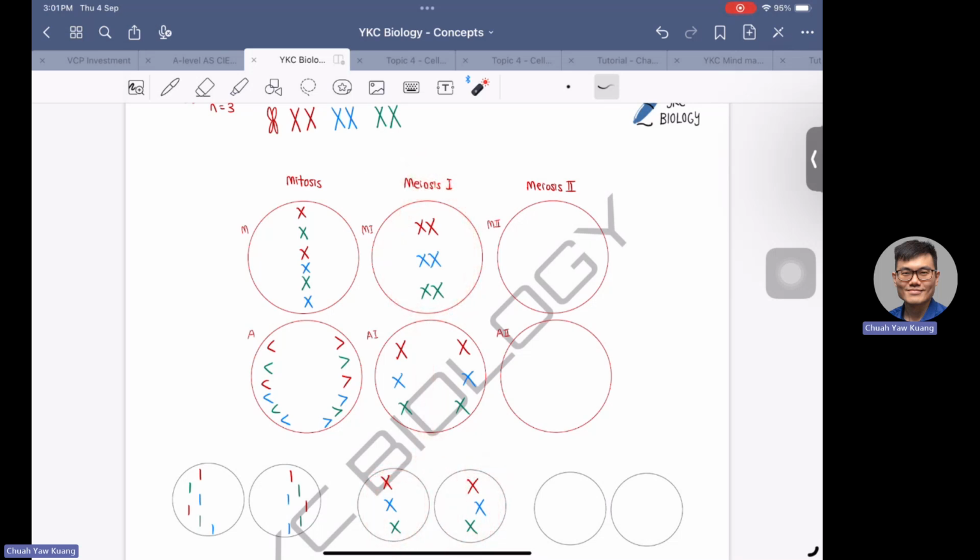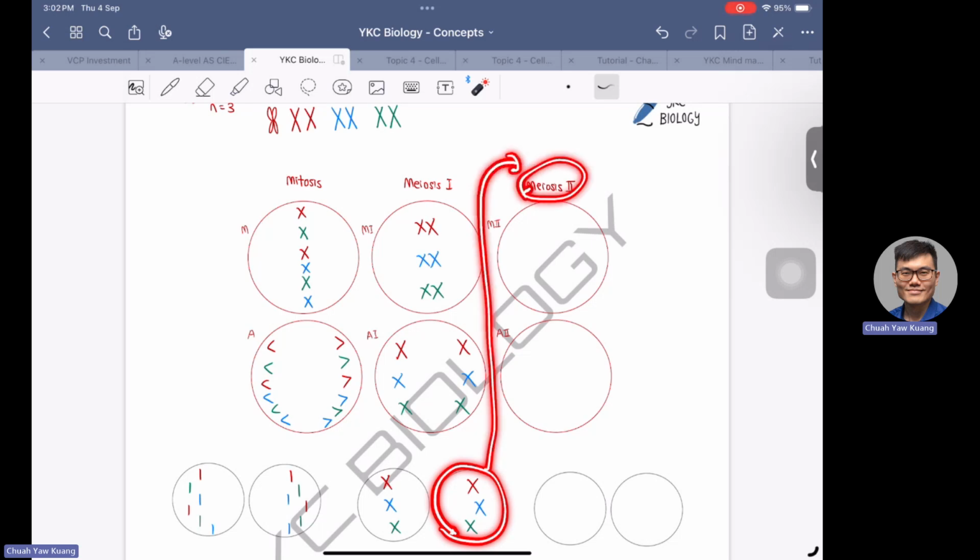So the daughter cell actually has n equals 3 only, which is haploid now. Then later on, this daughter cell will further undergo meiosis 2. So over here, in meiosis 2, the parent cell will start with only n equals 3.